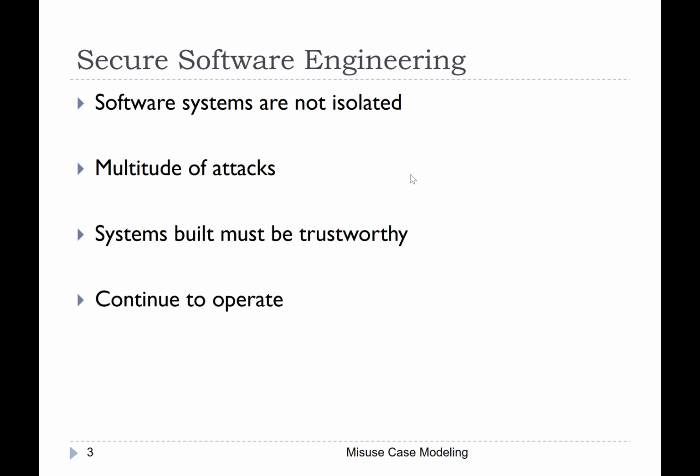Now, why should we bother with secure software engineering? Okay, right now, every system in the world is connected. You might have heard even the term Internet of Things. Anybody heard of that buzzword Internet of Things going around now? It's kind of causing a big buzz. Right, Internet of Things, yeah, IoT, you hear that all the time. And actually, the funny thing is that IoT existed long before the term IoT even actually existed, okay?